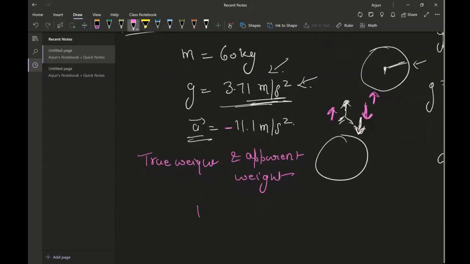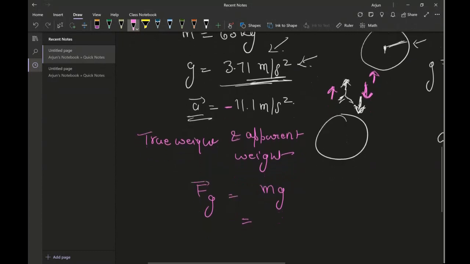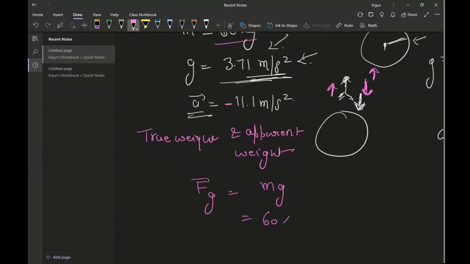So true weight is equal to Fg, which is equal to mg. So if the mass is 60 kg, 60 times 3.71, if I multiply these two numbers, that's going to give me 222.6 newtons.